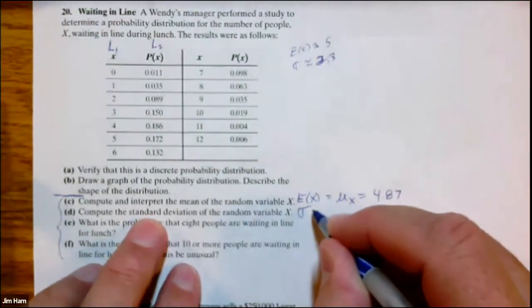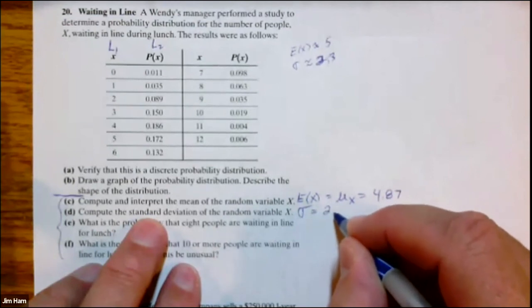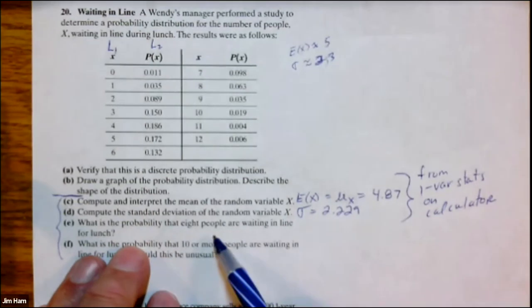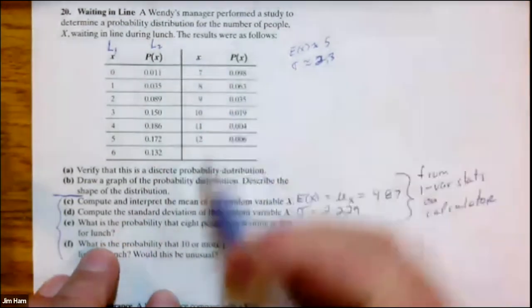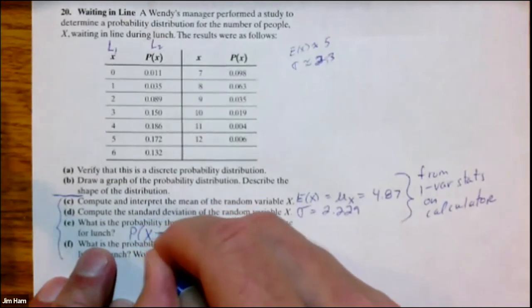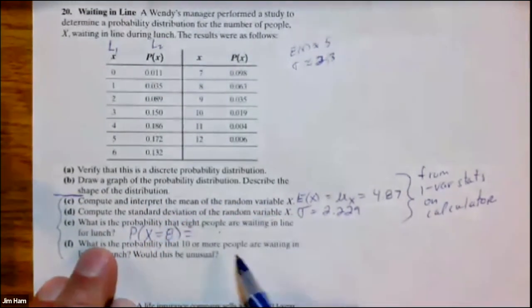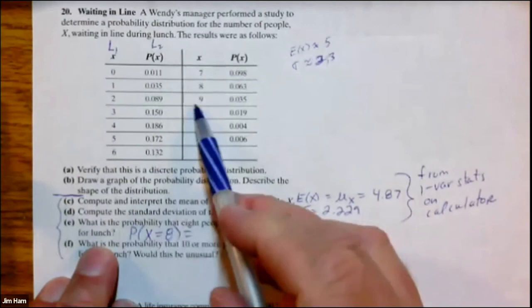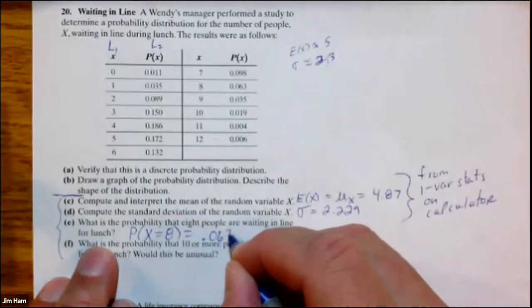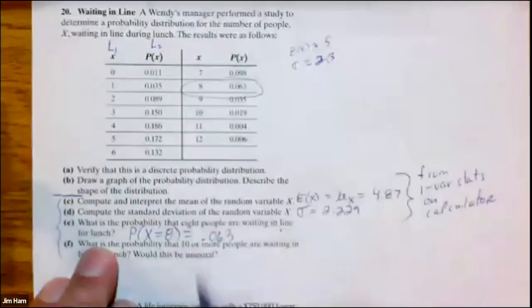Standard deviation, also from the calculator. So those are the 2 harder calculations, and then the probabilities you get just by reading the table. Probability that exactly 8, probability that X is equal to 8, are waiting in line for lunch. There's 8. Write down the probability that's right next to it, right there.